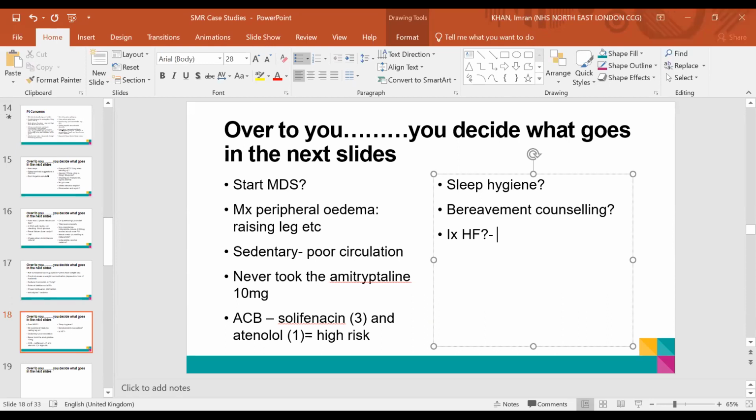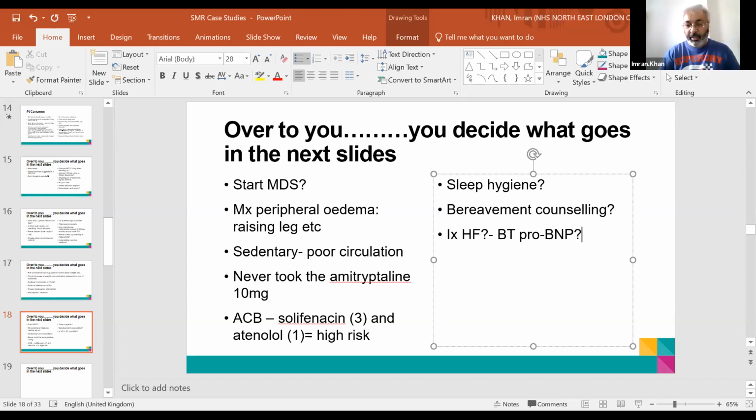Well, pro-BNP, a blood test. BNP. So that's something we could suggest to the doctor, yeah? Okay. What else have we got going on?